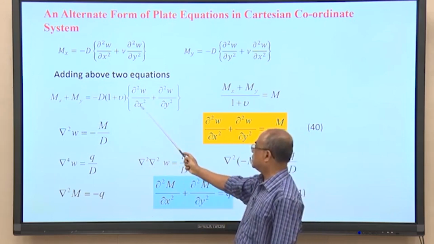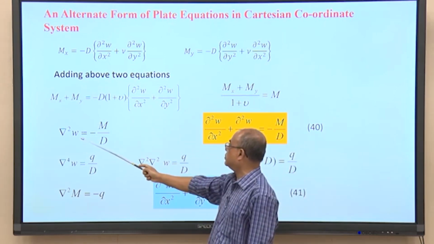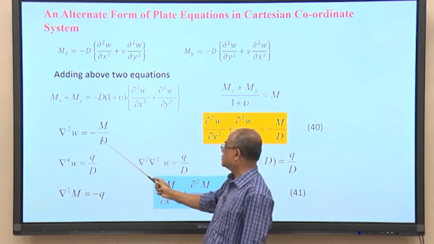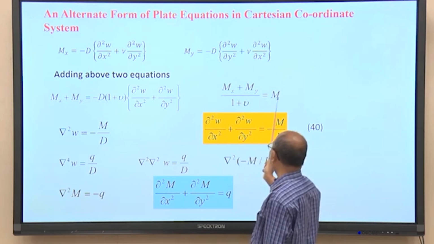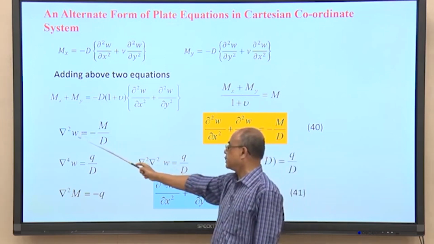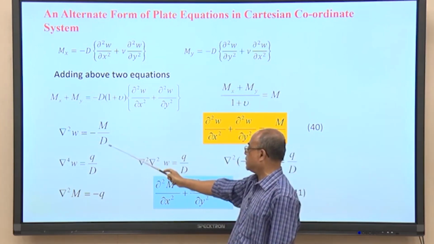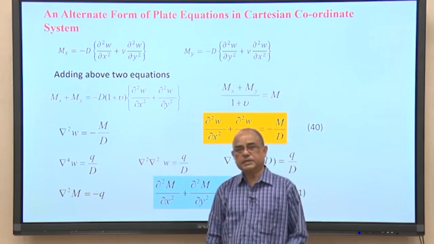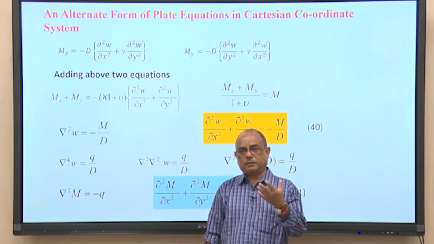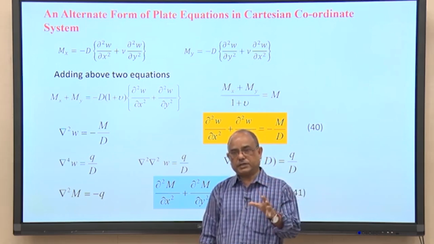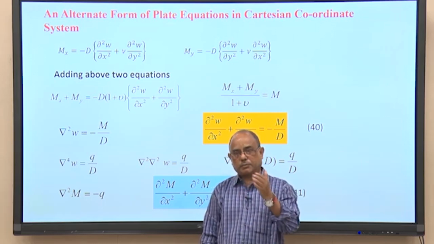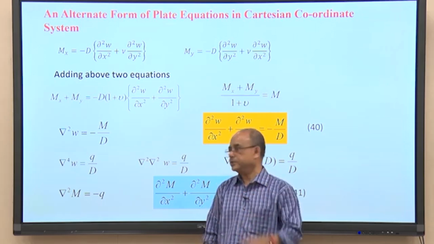So, in this way we can write del square w, and the D term I keep here, so that this is equal to M. So, del square w equal to minus M by D is one form of the equation representing the deflection with a second order differential equation, relating to the sum of the moments in Mx and My direction.